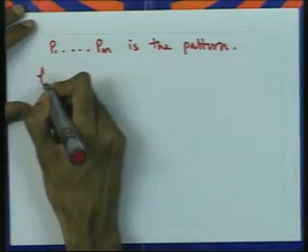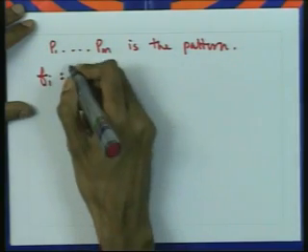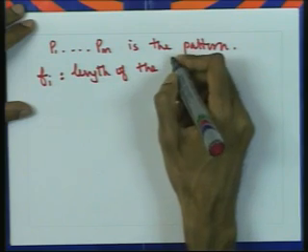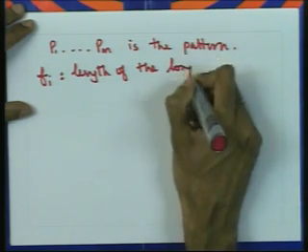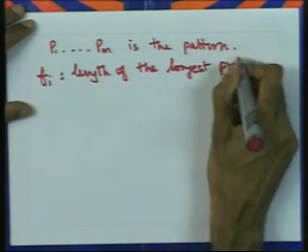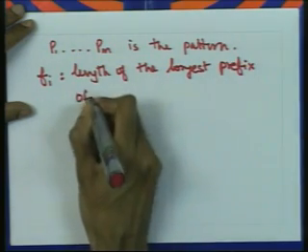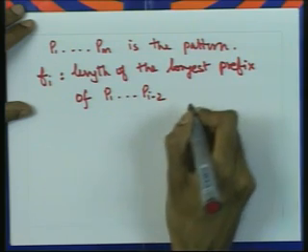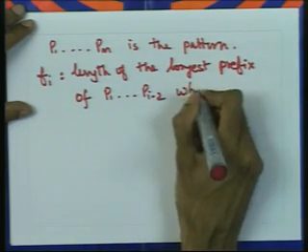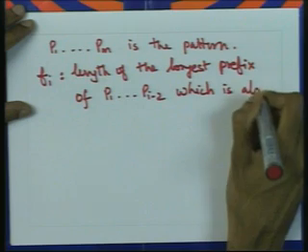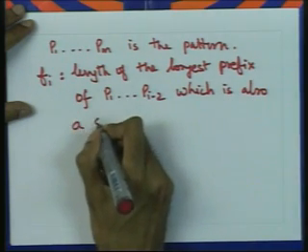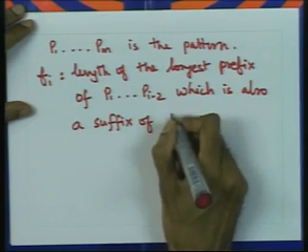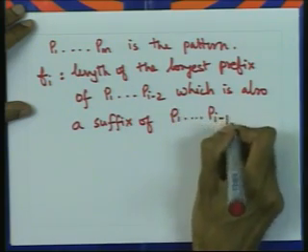Let us say Fi is the length of the longest prefix of P1 up to Pi minus 2, which is also a suffix of P1 to Pi minus 1.